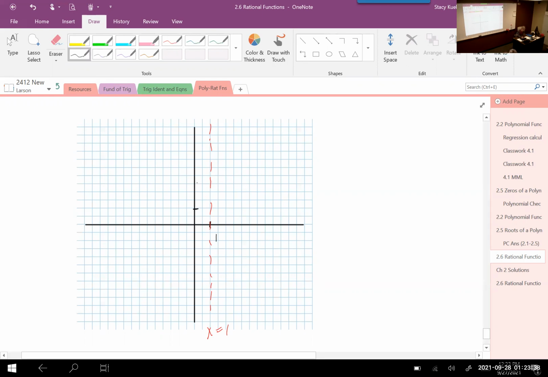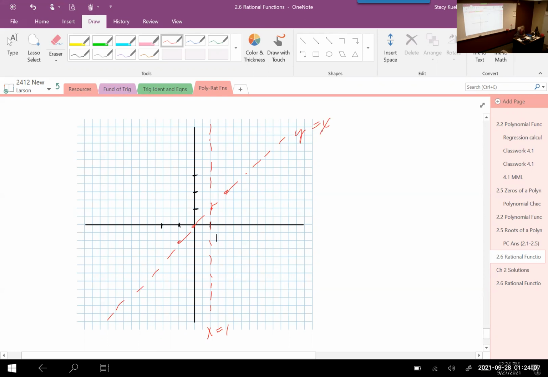It's just a diagonal line going through where? The origin. That's right. So we start at the origin. The slope on it is 1/1, right? So y is equal to x.